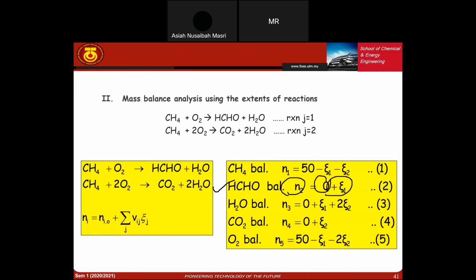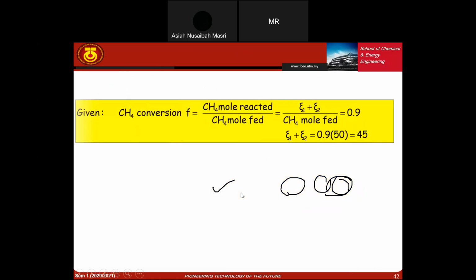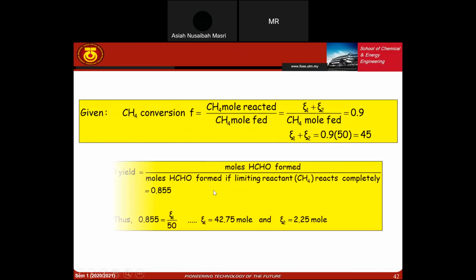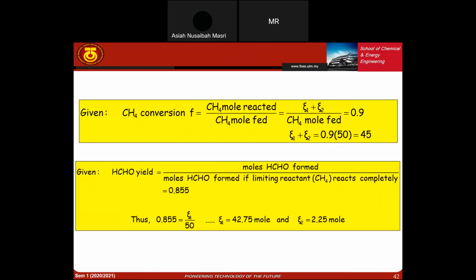So here we have extent 1 as generation. That's why here we have only extent 1. So how many moles of HCHO form if the limiting reactant CH4 reacts completely? That's 1. And second, only the main reaction is involved.